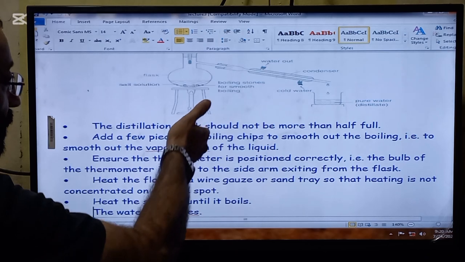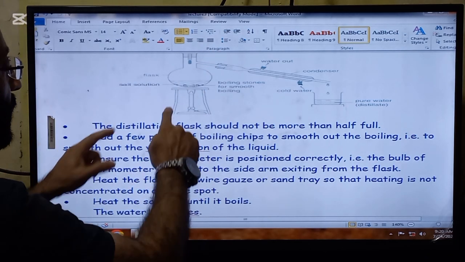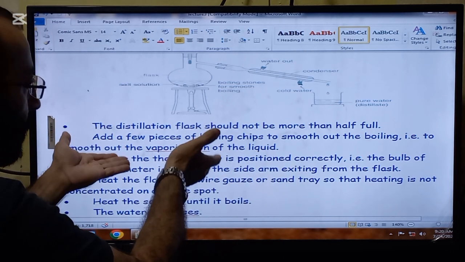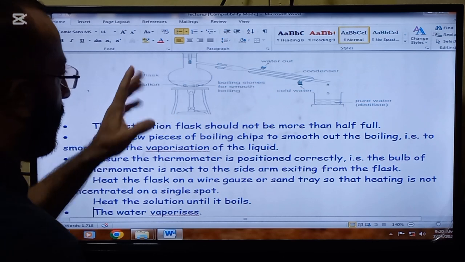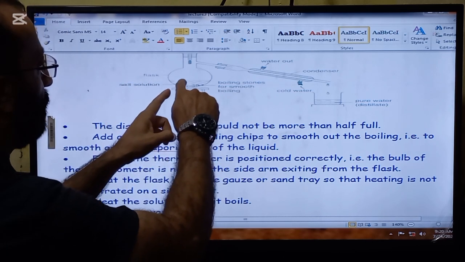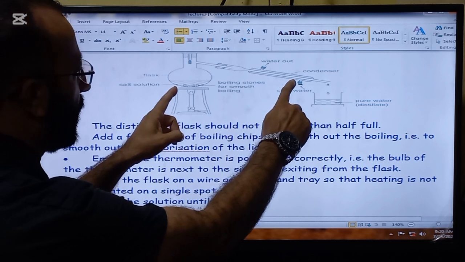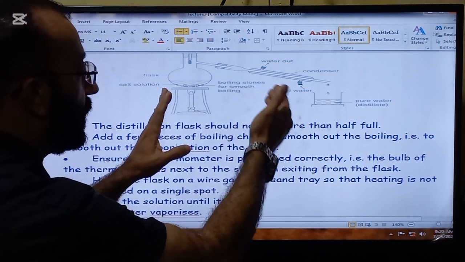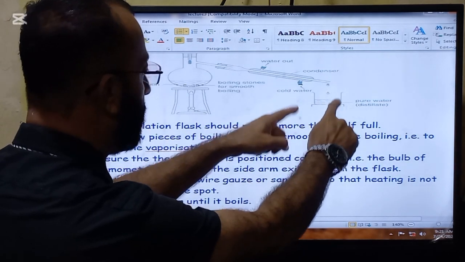The water will vaporize because it is a volatile liquid and the salt is a non-volatile substance. So water will boil first and turn into vapors, and the vapors will pass through the condenser. The function of the condenser is to turn the water vapors into liquid again, and the liquid will be collected in this vessel.